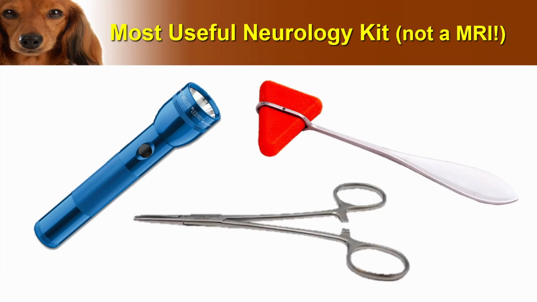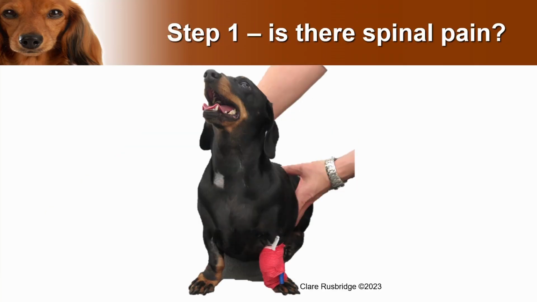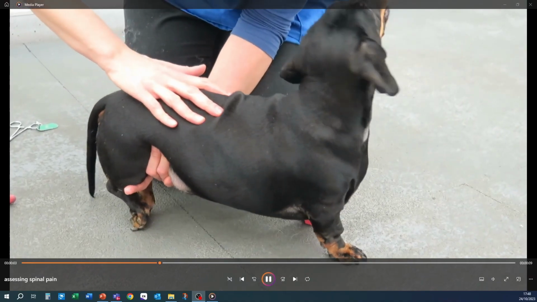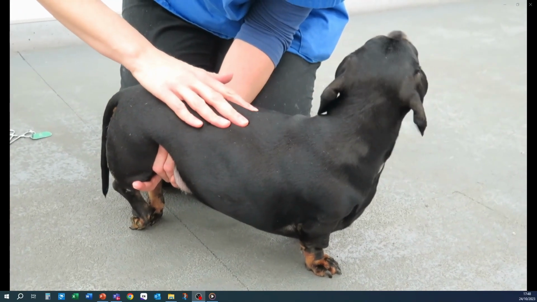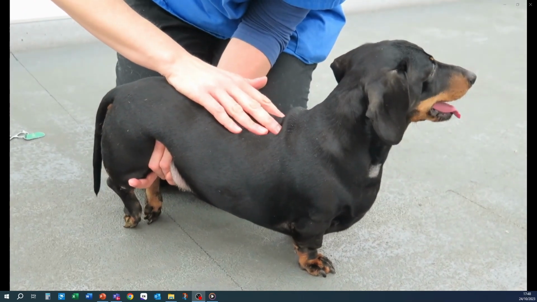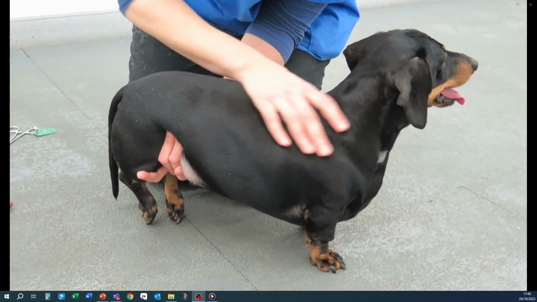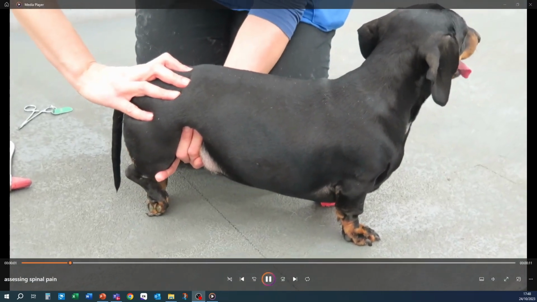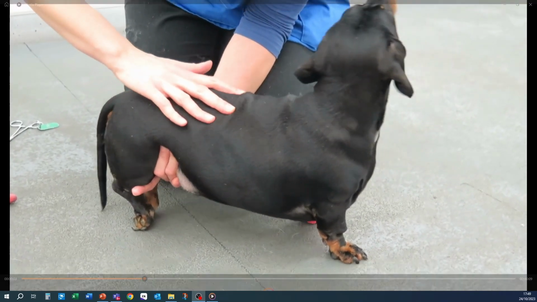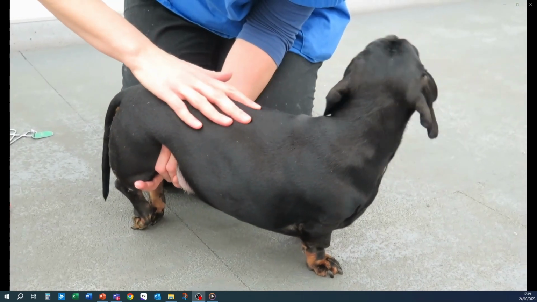So our first step with our animal with a suspected thoracolumbar spinal cord injury is to ascertain whether or not there is spinal pain. I think most vets are fairly comfortable with this. The majority of neurologists will start at the back of the animal and move their way up, as you can see this neurologist doing.